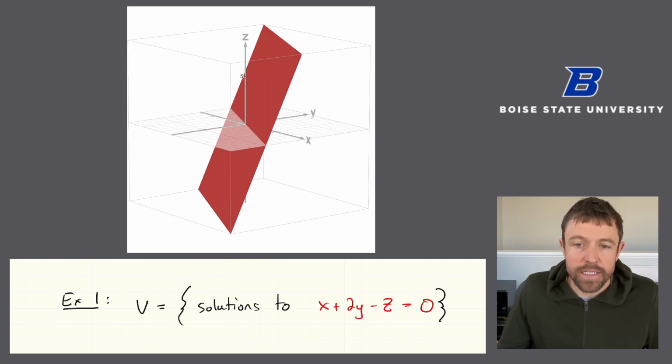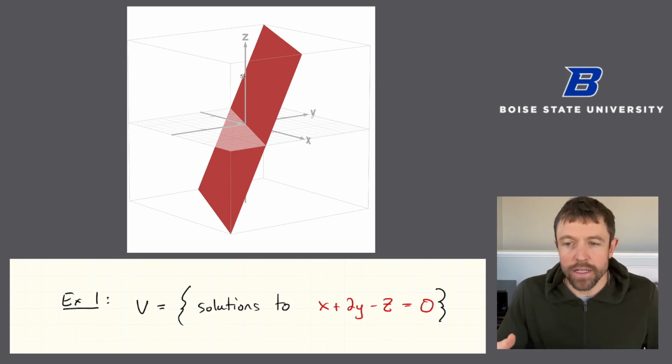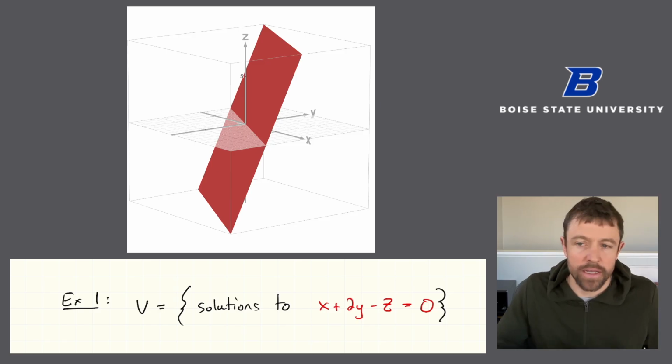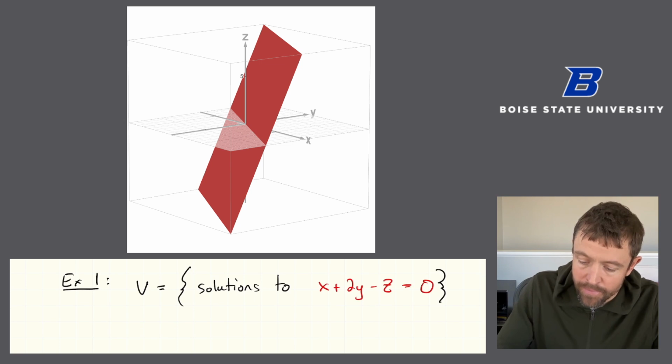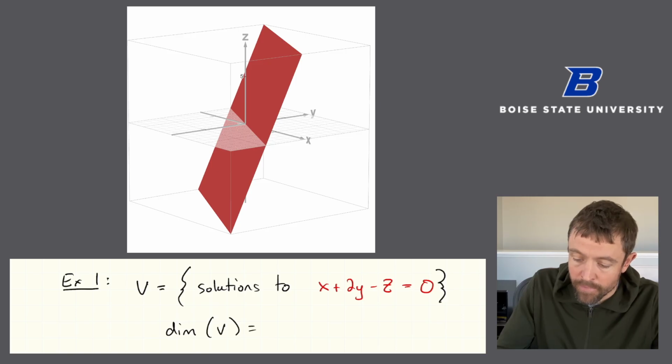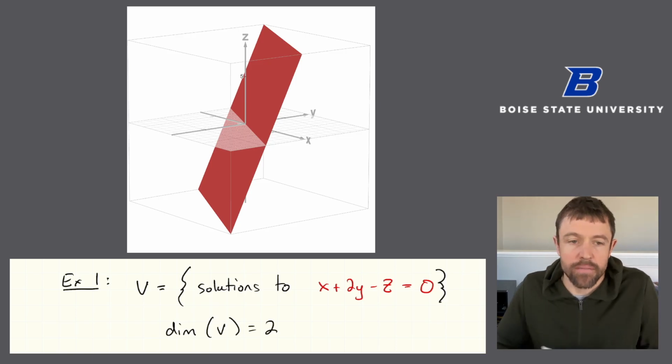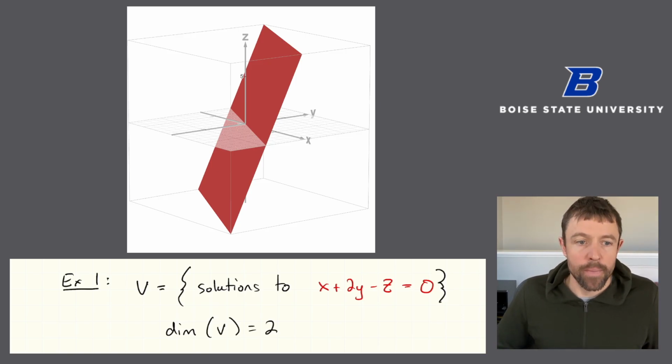And even though this thing is a subspace of R3, it lives in 3 dimensions, it really looks 2-dimensional. It looks like the xy plane. And so I want to be able to say that the dimension of V is 2. Because in my mind, this thing is 2-dimensional.